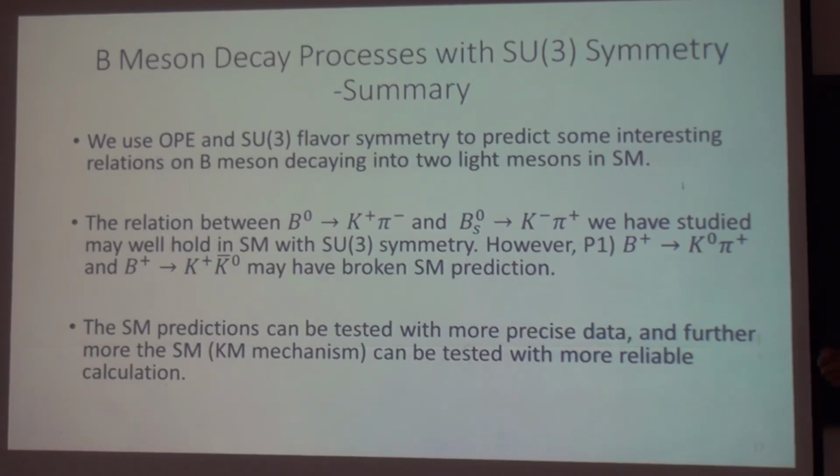But whether this breaking comes from the SU3 flavor symmetry breaking, or from breaking the kinematics, we still don't know. So we need more precise data and more reliable calculation to test it. Okay, thank you very much.